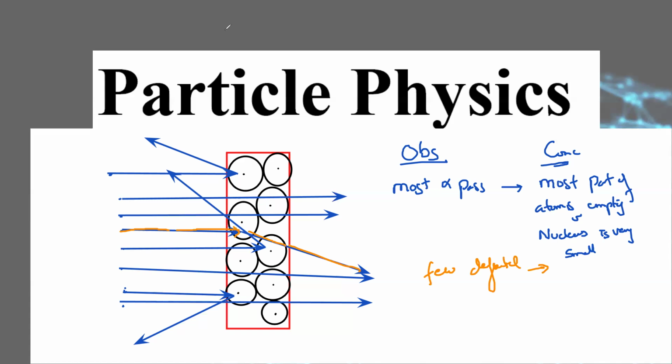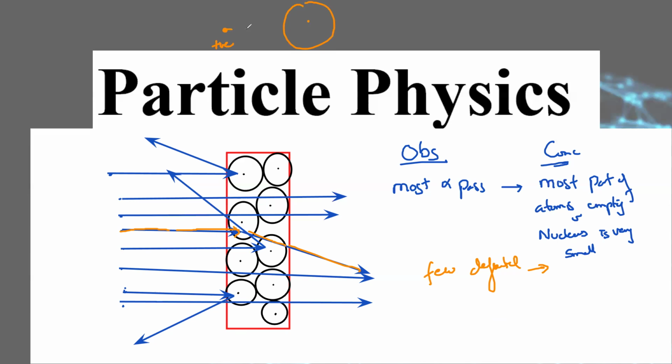What is the charge of an alpha particle? An alpha particle has two protons and two neutrons. Neutrons do not carry any charge and protons carry positive charge. So the alpha particle is positively charged. And we know like charges repel and unlike charges attract.